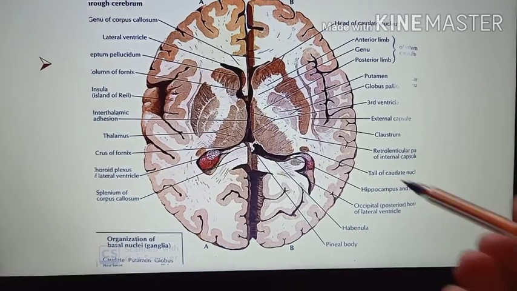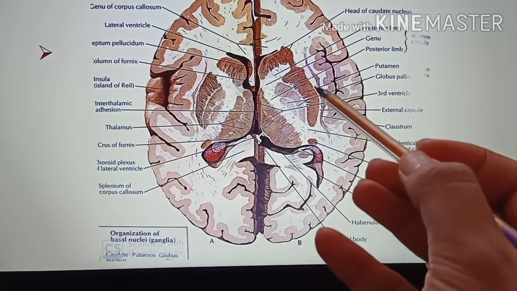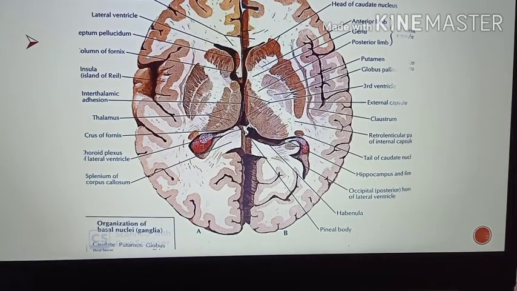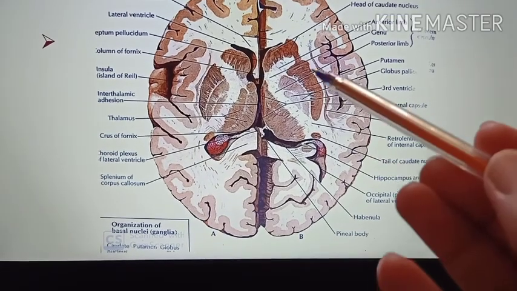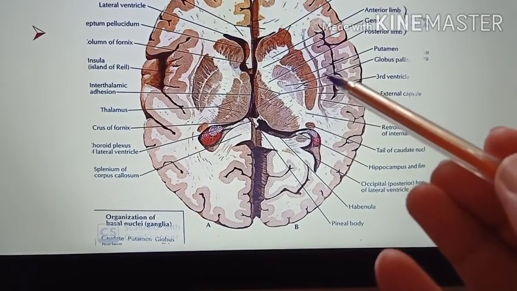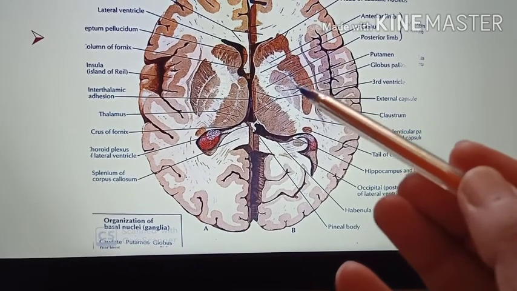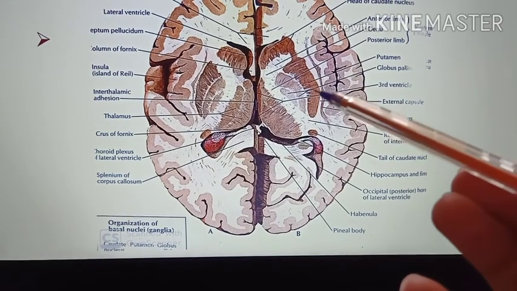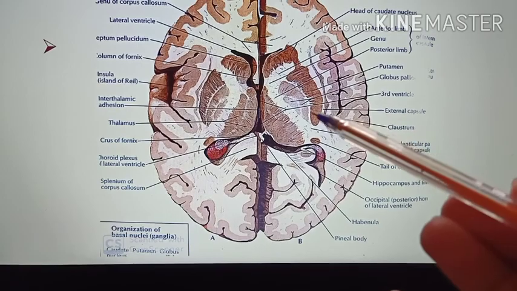Now coming to the claustrum. This claustrum is a thin saucer shaped mass of grey matter situated between the putamen and the insula. Here you can see the insula and the putamen. It is separated from the putamen by thin fibers called the external capsule.